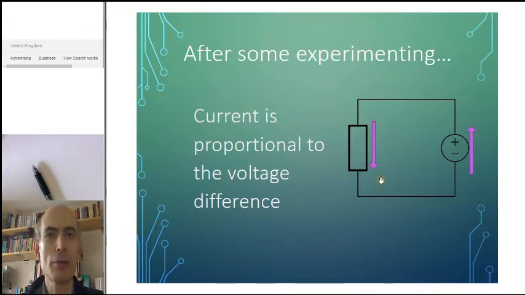Whereas originally the law was specified for conductors, these days we apply it to resistors, because we know that it doesn't actually apply to everything which can conduct current. But it does apply to a very common electronic component called a resistor. We can check this out using a simulator.